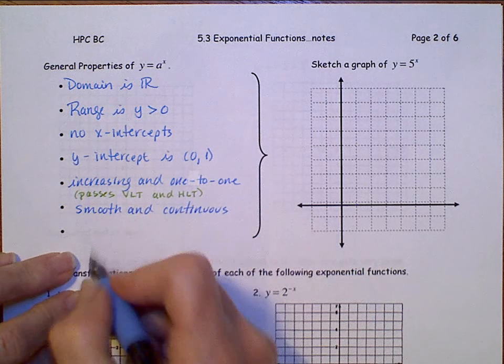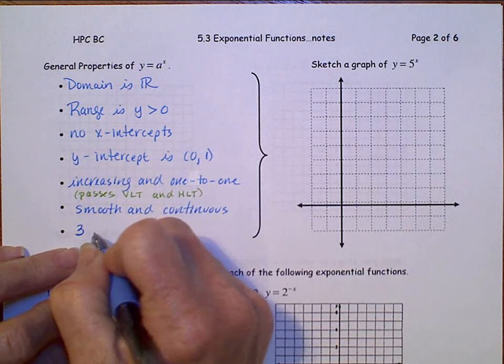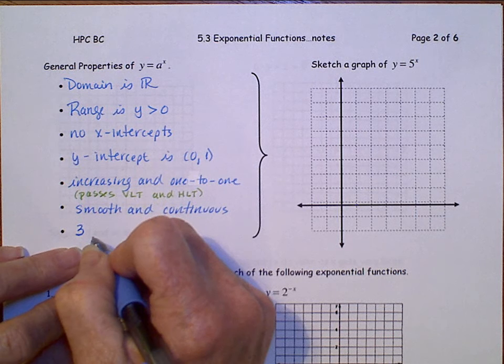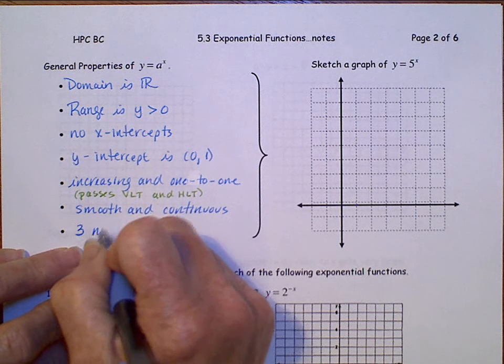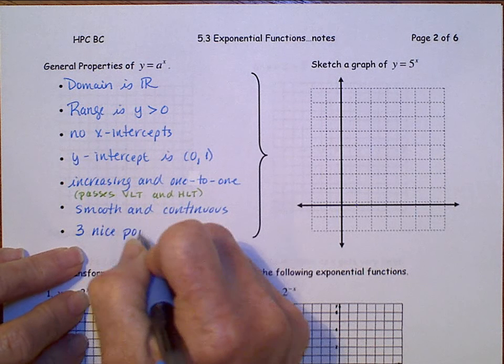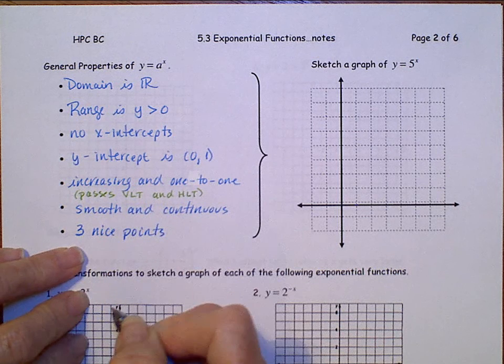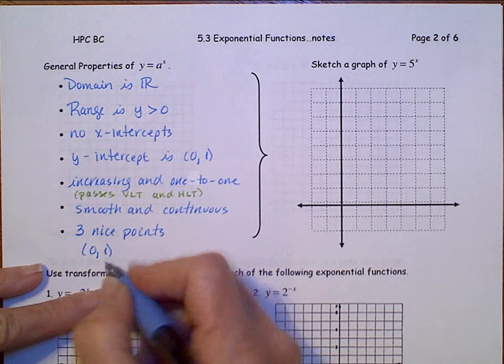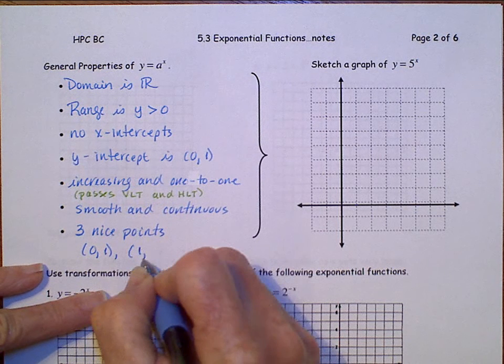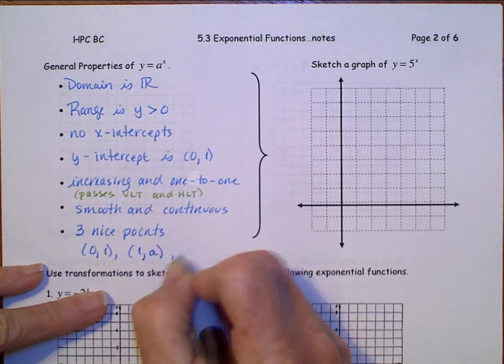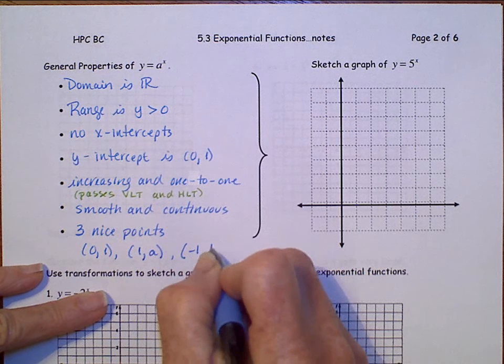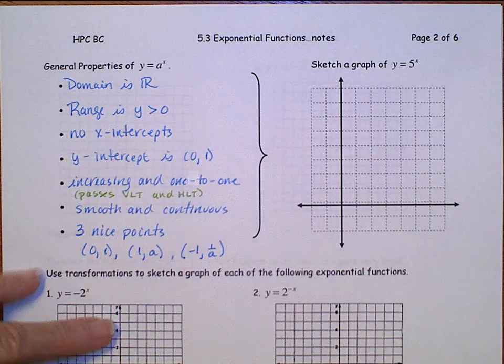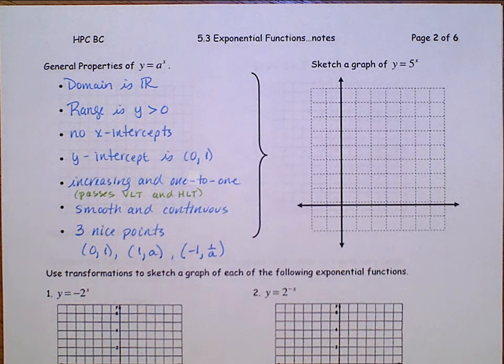And there are 3 nice points. And those nice points are 0, 1, 1, a, and -1, 1 over a. And I missed something in here because I was supposed to have an extra bullet.